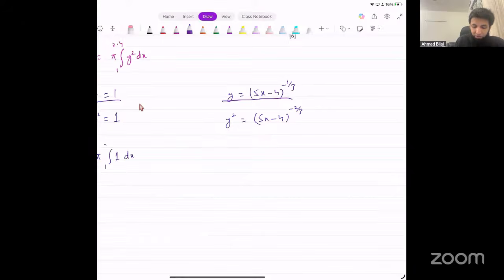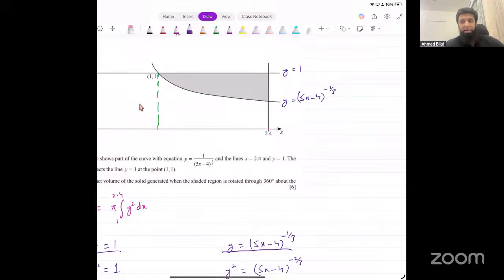Limits are from 1 to 2.4. Integration of 1 is x, so we get pi into x from 1 to 2.4. You will solve this. This will give you pi into 2.4 minus 1, which simplifies to 1.4 times pi. This is the volume of revolution that we're getting for the area under the line.